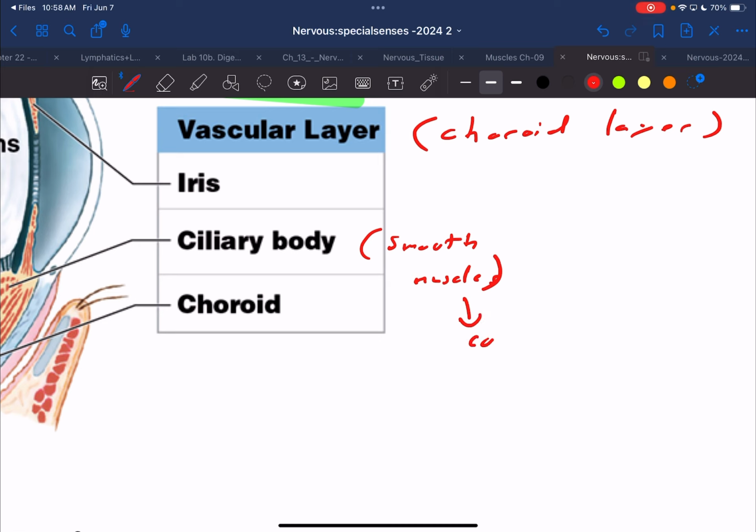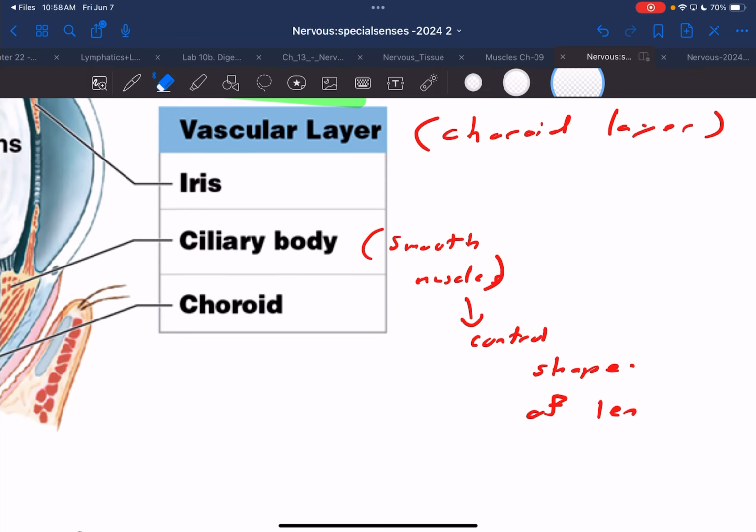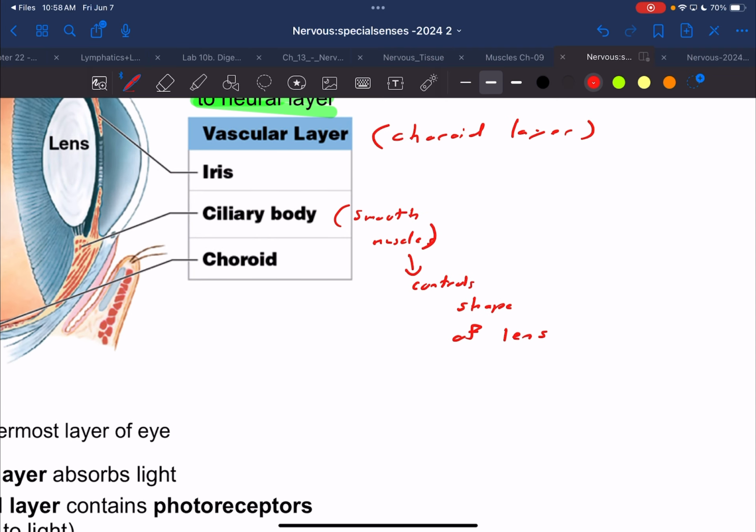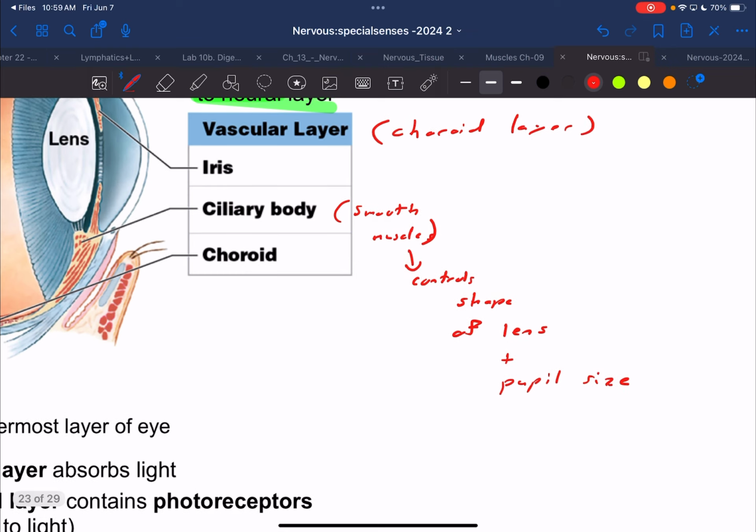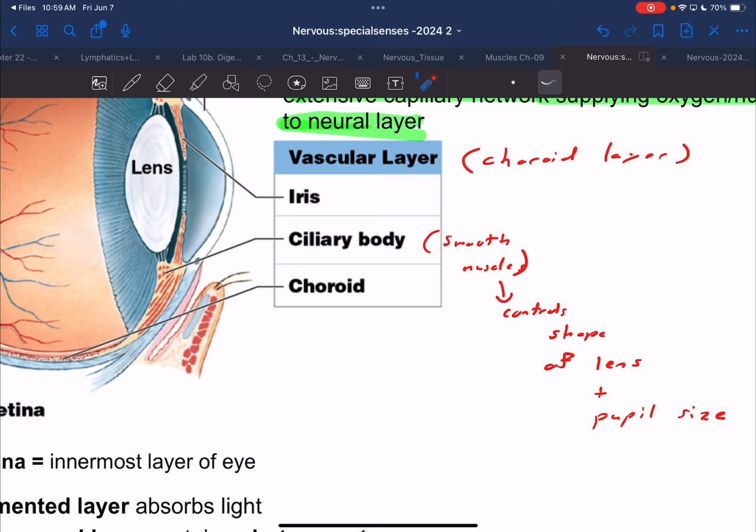And it controls the shape of the lens, plus pupil size. So the lens changes shape.